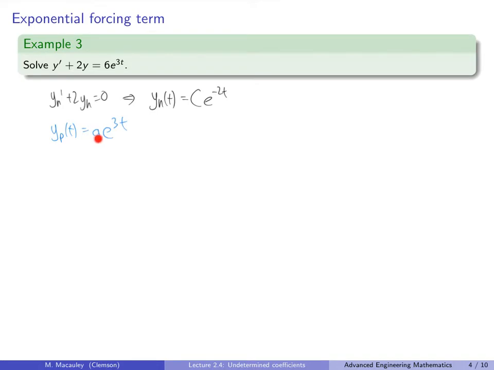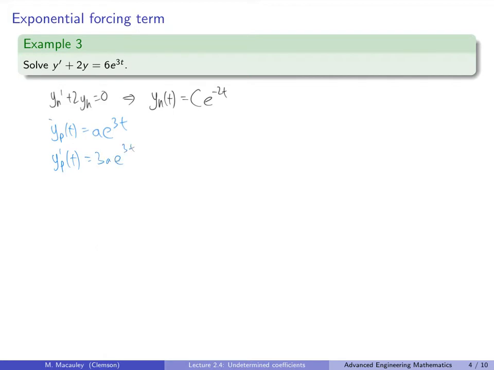So if we set a to be just right, the scaling factor, then we can set however many e to the 3t's we have in the left-hand side equal to 6 e to the 3t's. So let's do this. The derivative, yp prime of t, equals 3a e to the 3t.